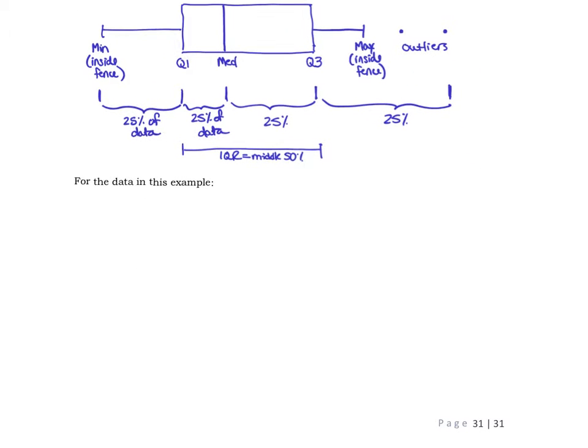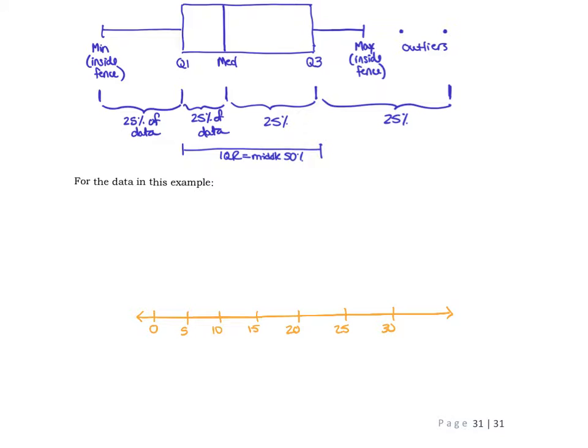So let's take the data in our particular example and let's go ahead and make our box plot. So we go from 0 grams of sugar up to 27. So I'm going to go ahead and put in a line, and I'm going to make 0 down here. And I'm going to count by fives. So 5, 10, 15, 20, 25, that'll be 30. Again, we want to go just a little past where we've got available.